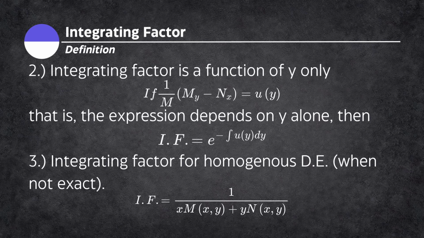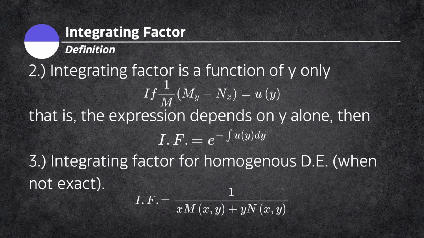These two integrating factors, the function of x only and the function of y only, are commonly called the single variable integrating factors. And if these single variable integrating factors don't exist, we have special cases that we need to do.